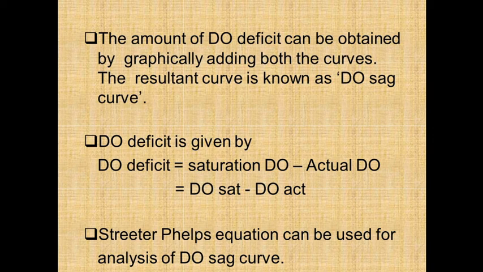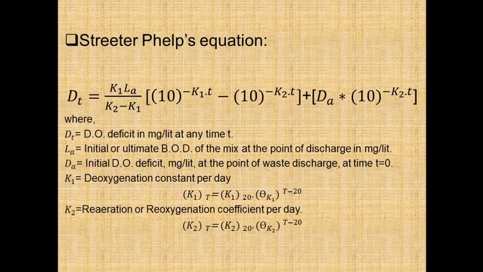So DO deficit is given by the saturation DO minus the actual DO. The next one is that the Streeter-Phelps equation can be used to analyze the DO sag curve.